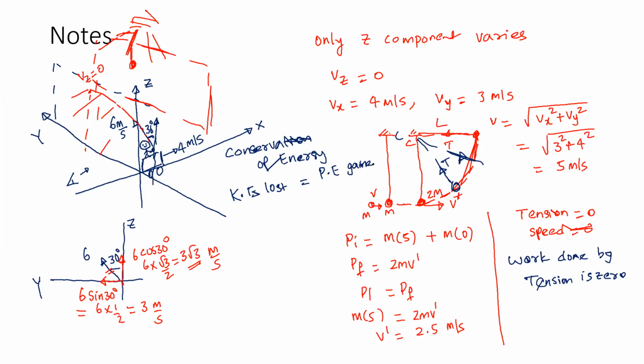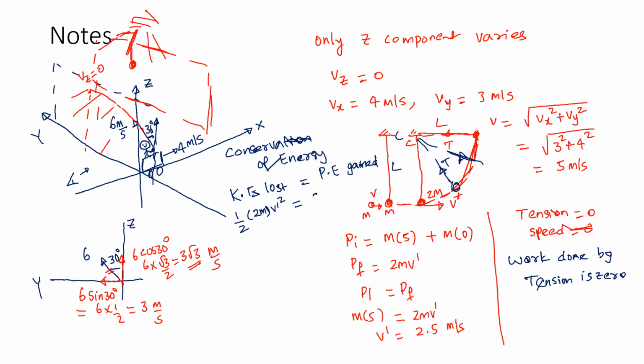Now, what is the kinetic energy lost? I can write that as half. Kinetic energy by definition is half mv square. So you write half into 2m into v prime square. And the potential energy gained, I think again, this I will teach you, it is mgh. Abhiram, are you okay with the potential energy as mgh? Yes. So the height gained is L here.